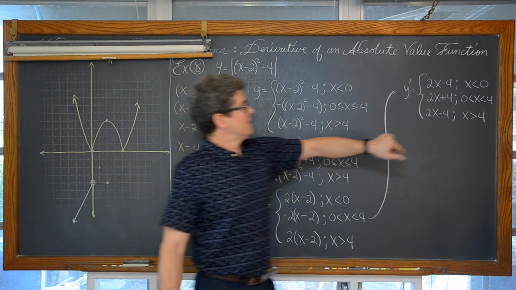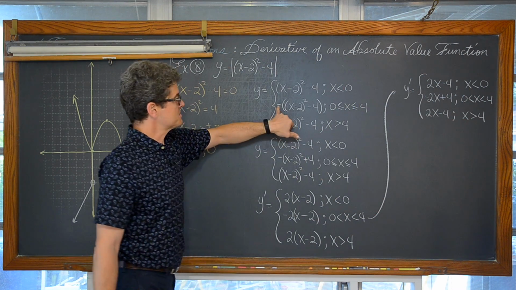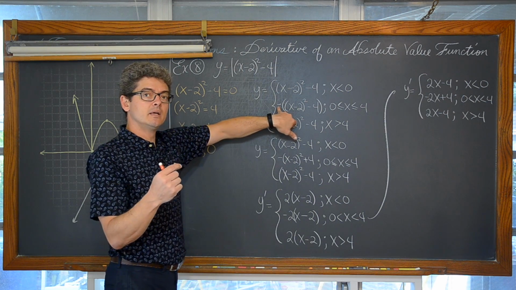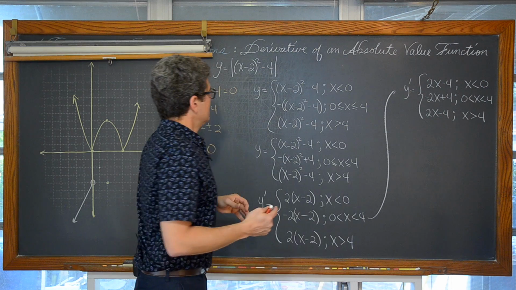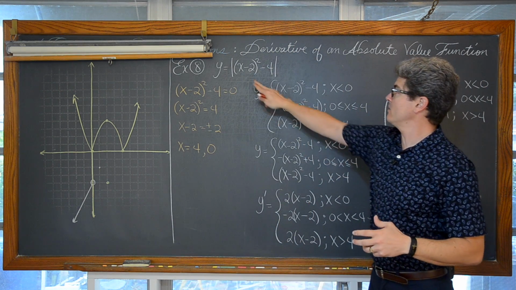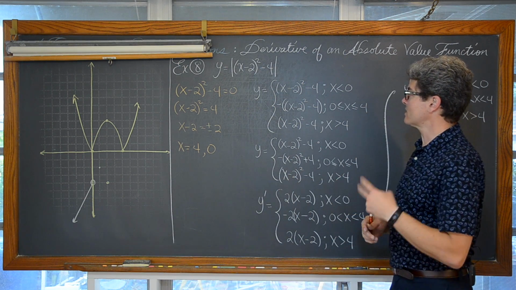And then between x being between 0 and 4, did you notice that in that middle part of this piecewise function I included the negative sign? How I know the absolute value is going to take care of those negatives and switch the sign of our answer comes in two ways.